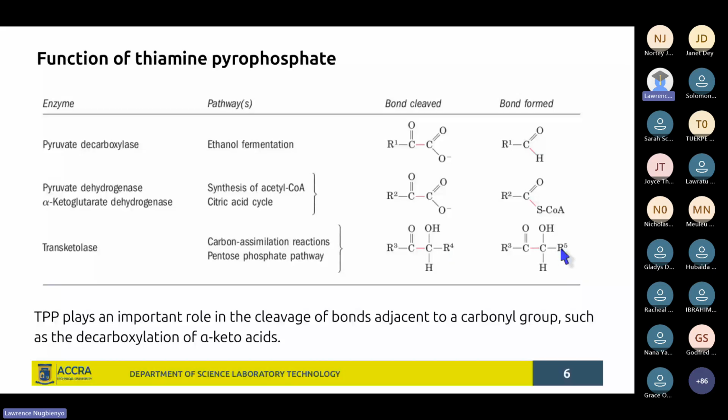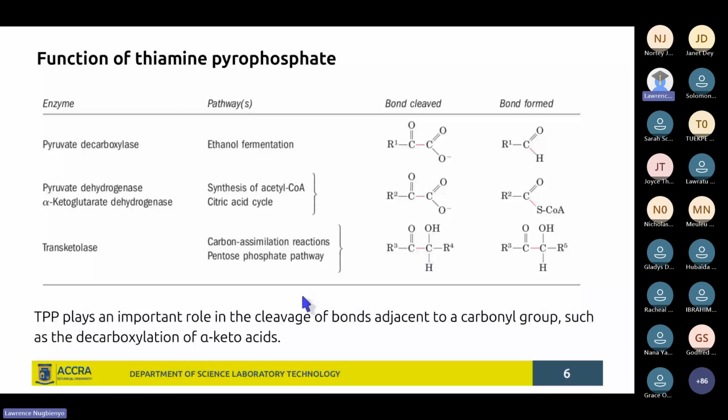So you have the thiamine pyrophosphate involved in the breakdown of bonds between carbonyl groups, such as what we have seen between keto groups and carboxyl groups. Or you have a keto group and a carbon with a hydroxyl group on it. You find thiamine pyrophosphate acting in such reactions.